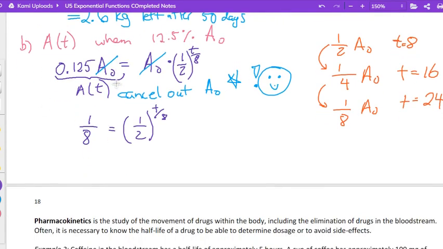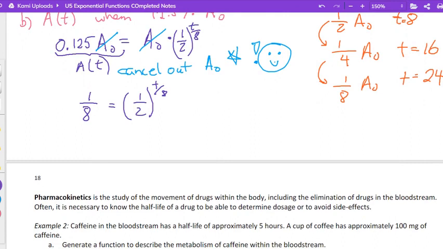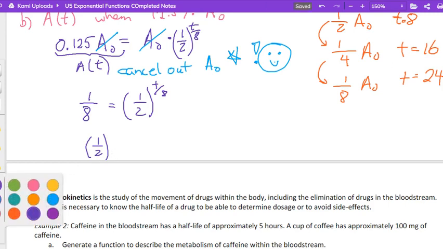All right, anyone starting to see what we can do? Can I make 1/8 have a base of 1/2? What is the exponent? 1/2 times 1/2 is 1 over 4, times 1/2 is 1 over 8.